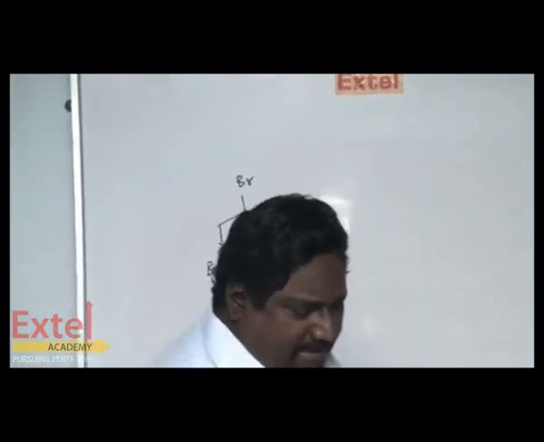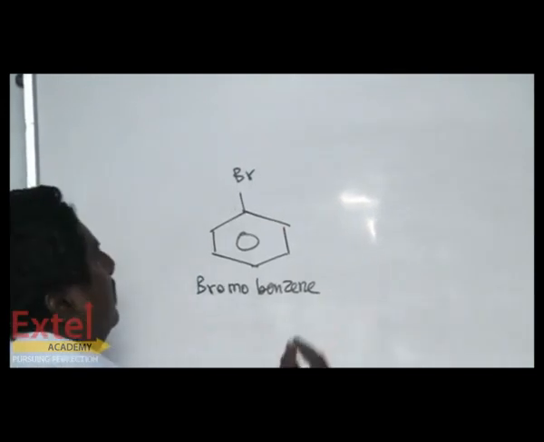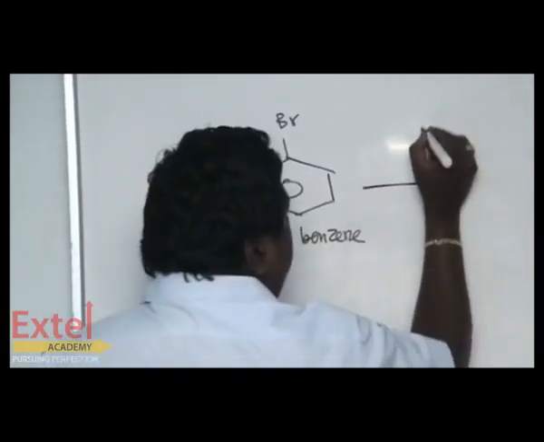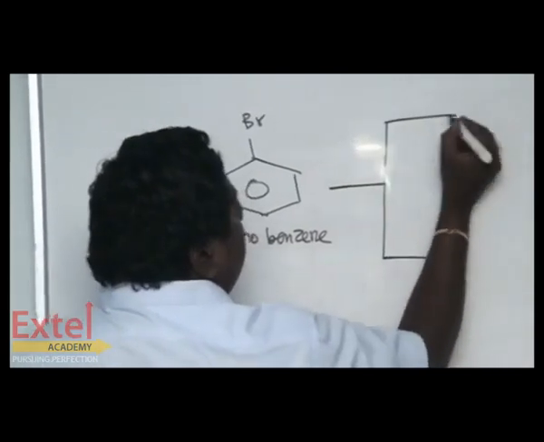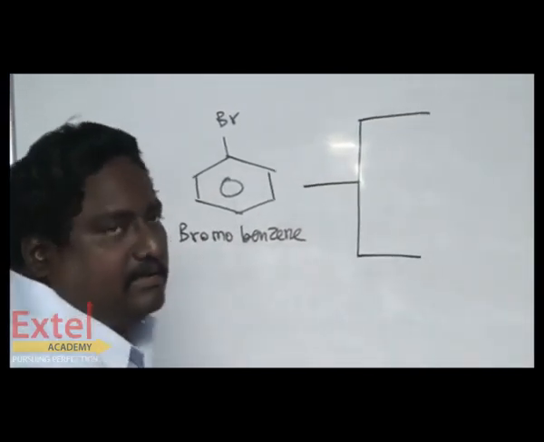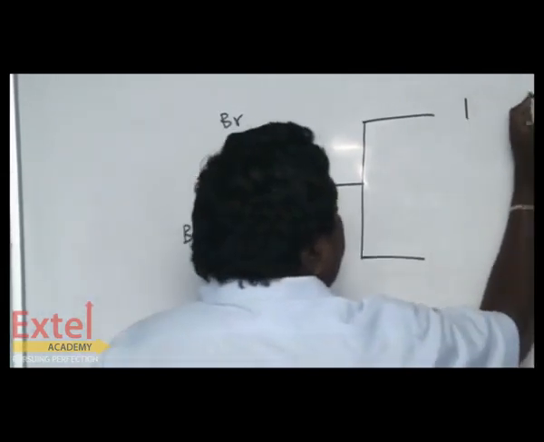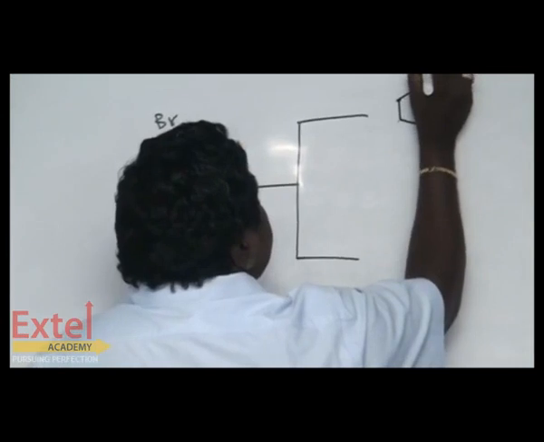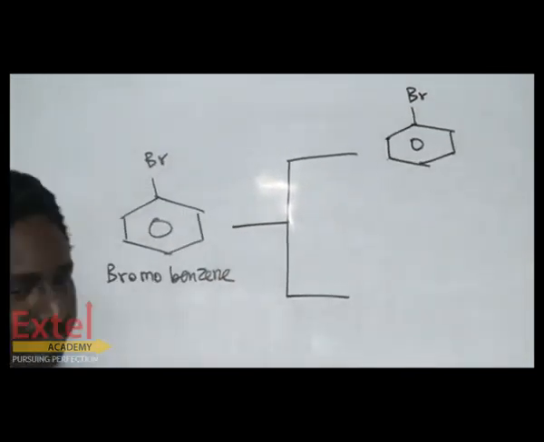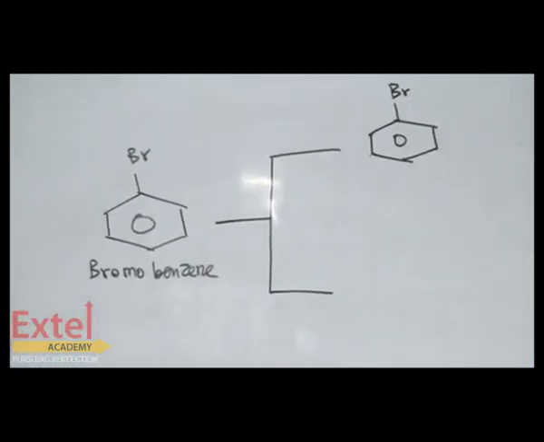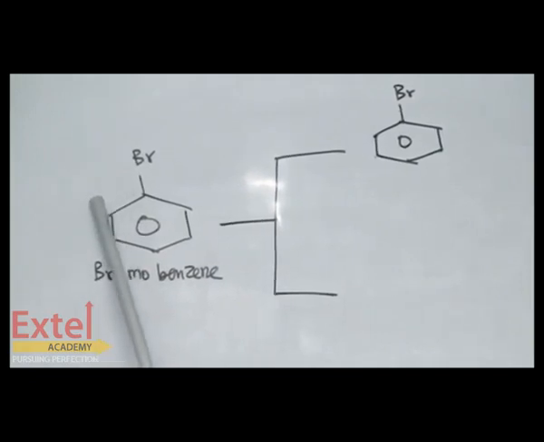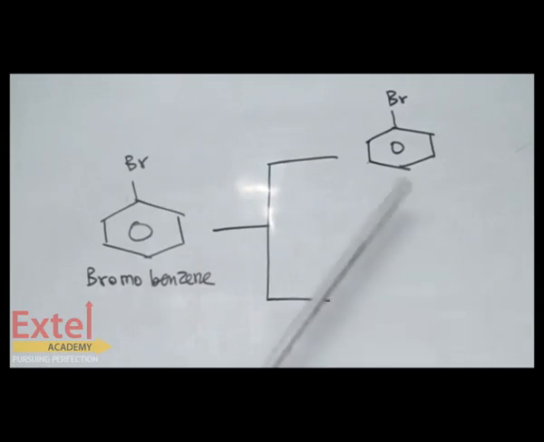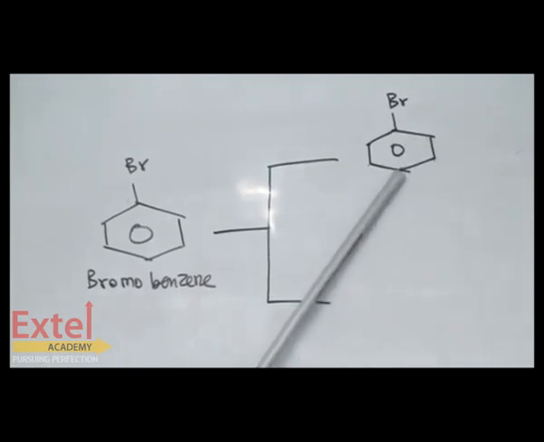When the bromobenzene is once again brominated, bromination of bromobenzene, one Br attacks. Already one Br is there and it has hydrogen at each corner.